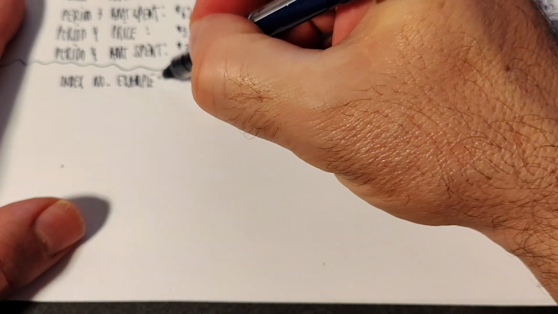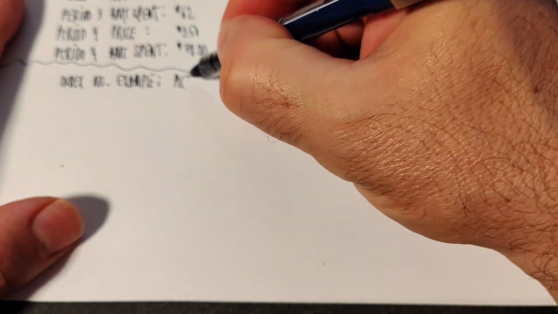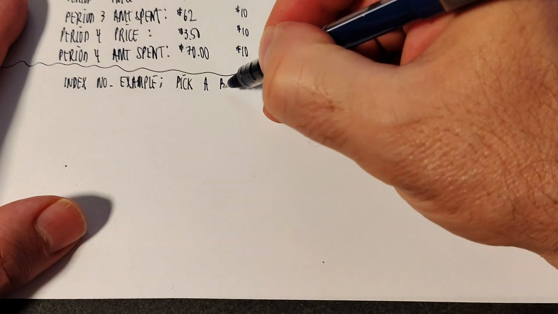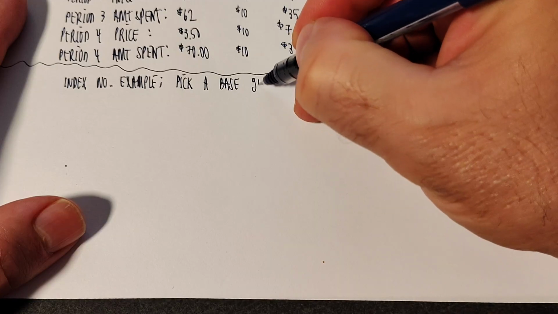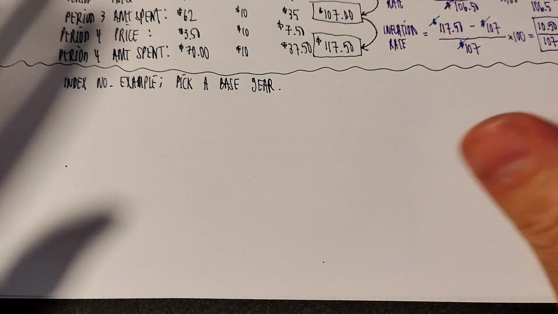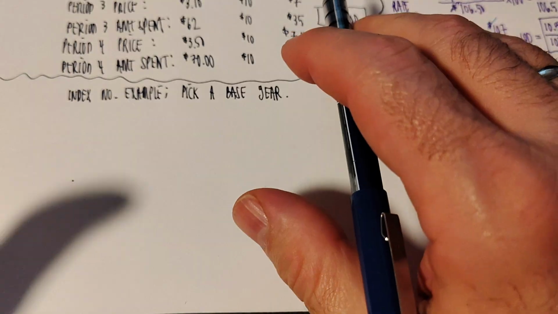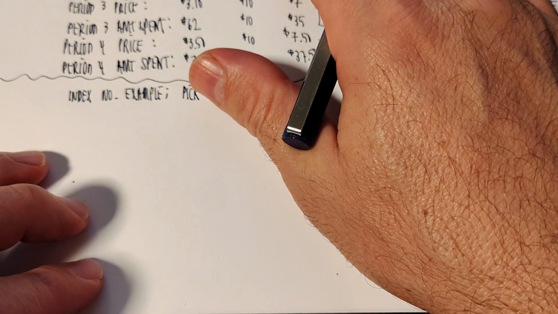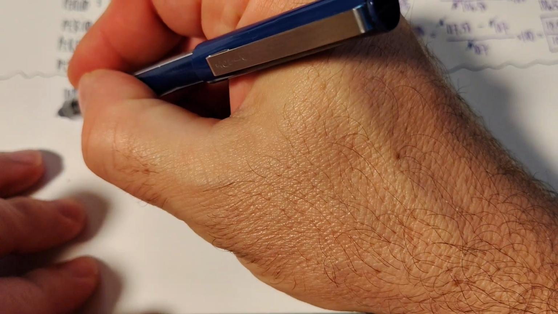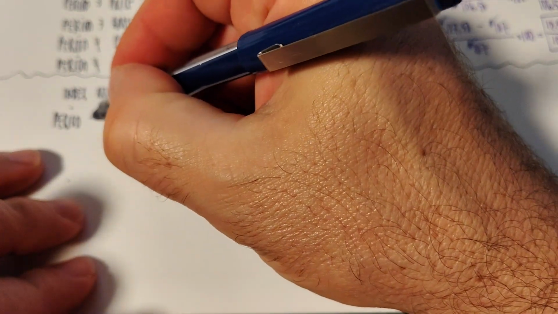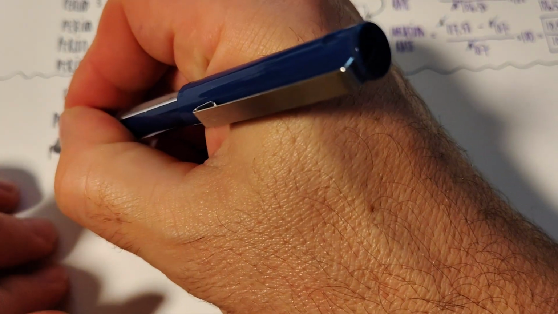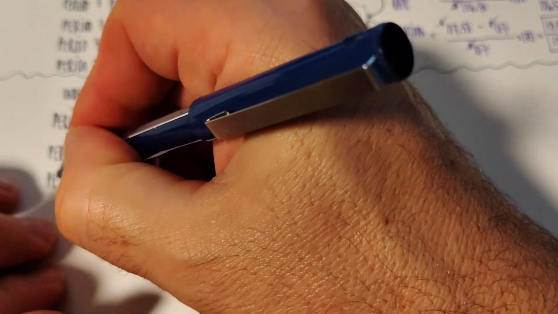So one thing we have to do is we've got to pick a base year. That's every time you do one of these, you'll be given what the base year is that I want you to actually use. So we have to pick a base year. All right, so here we've got period 1. Period 2. Period 3.